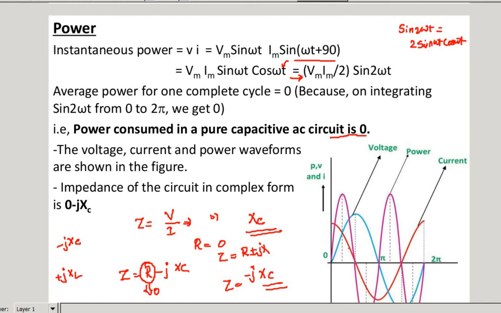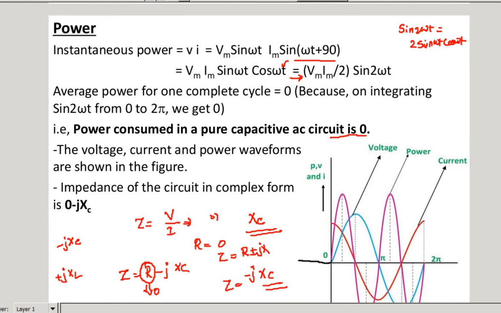So here you can see the waveform representation of voltage, power and current. The blue line indicates voltage. Now we have already studied that the current is leading the voltage by an angle of 90 degrees.